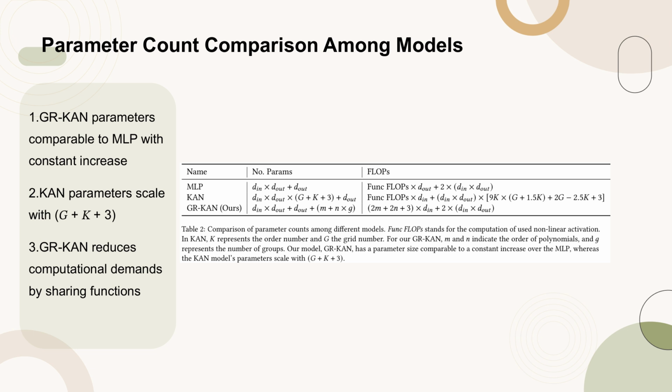This scaling difference is significant as it demonstrates the efficiency of our grouping strategy in GRKAN, which not only reduces the number of unique activation functions required but also significantly lowers the computational demands by allowing the sharing of activation functions across input channels. This efficiency is crucial for practical applications where computational resources are limited.